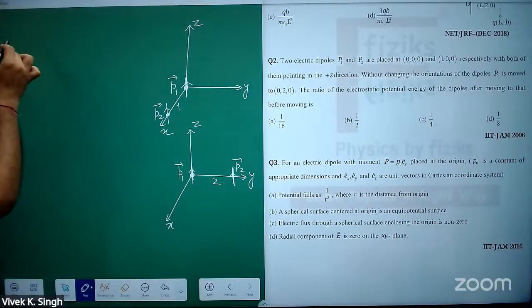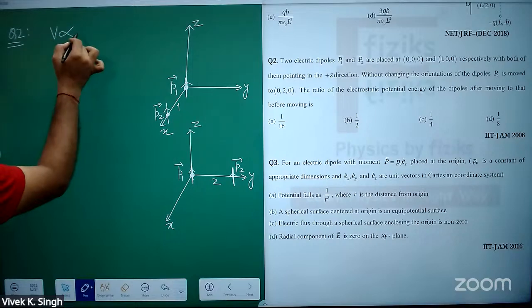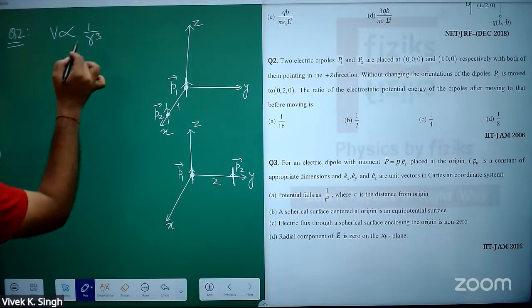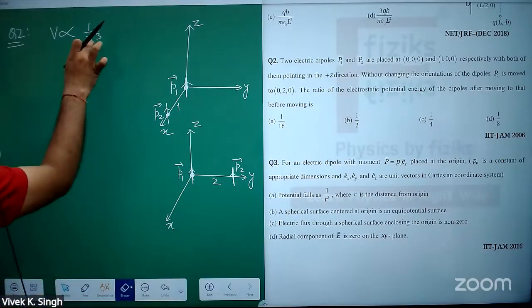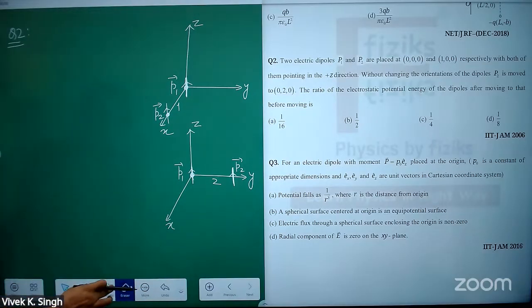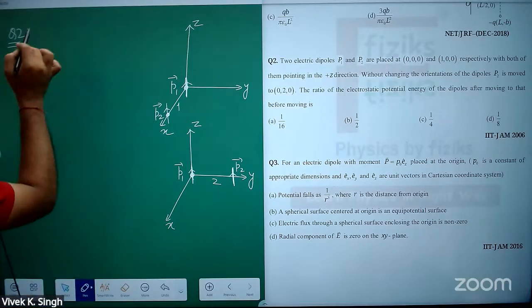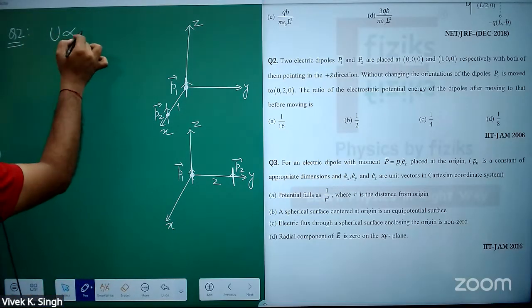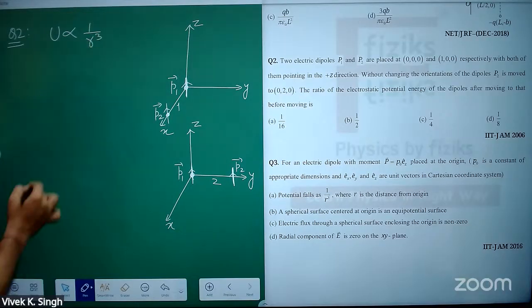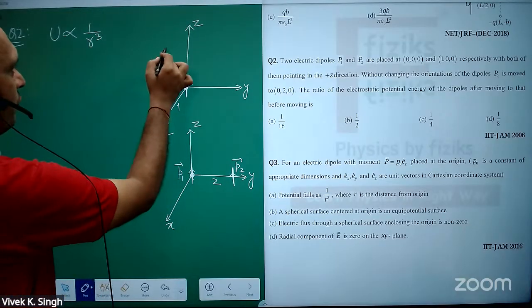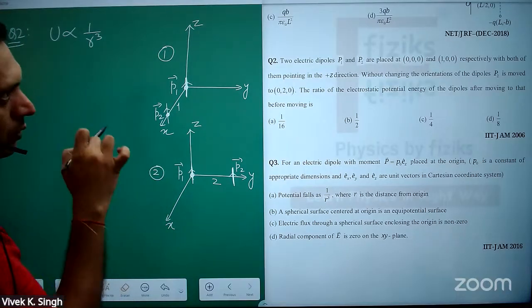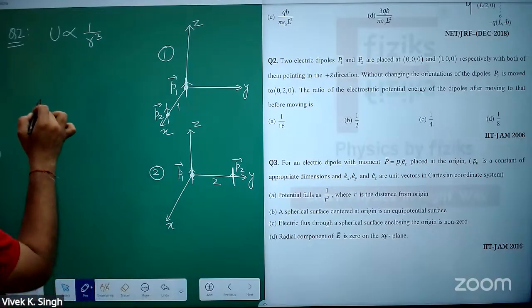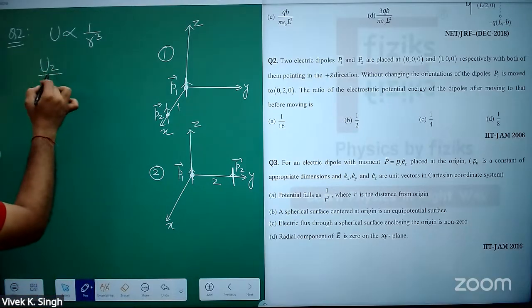So you know that potential is inversely proportional to R cube. You have to see the potential energy, the electrostatic potential energy, that is the interaction energy of two dipoles. So U is inversely proportional to R cube. So this is the first configuration and this is the second configuration. So what will be this ratio U2 by U1?